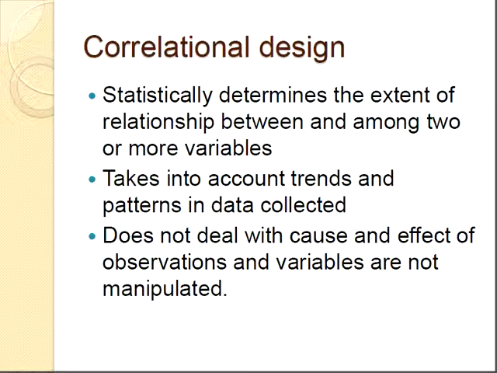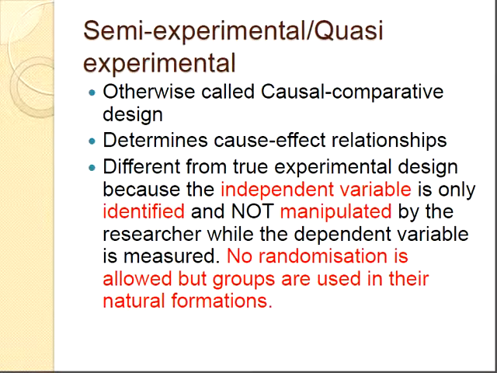Simply speaking, you cannot manipulate any of the variables. You allow the variables as they are, and then check out what relationship exists among them, instead of coming out to say what has happened is as a result of this cause.